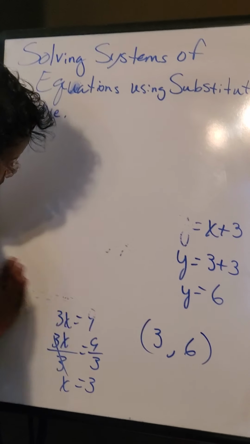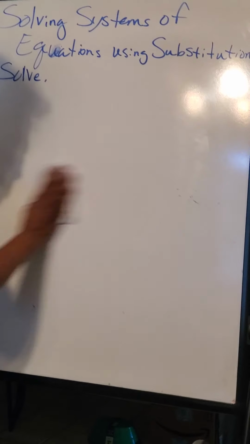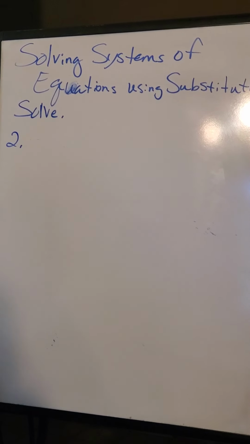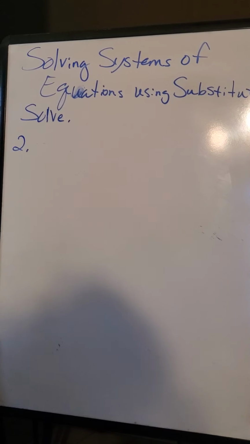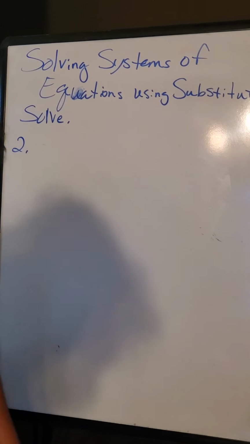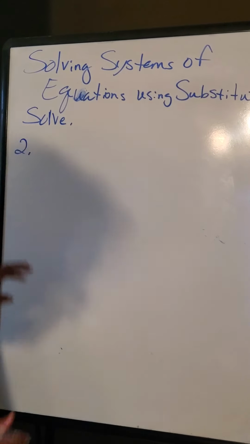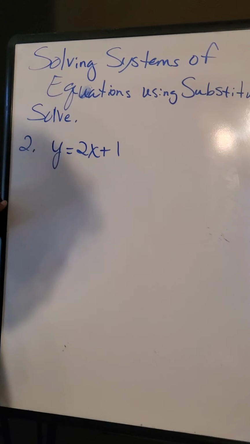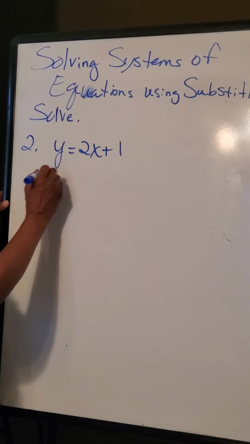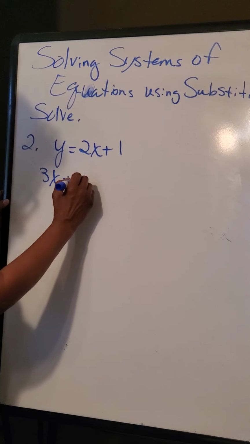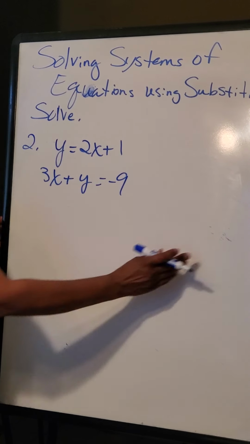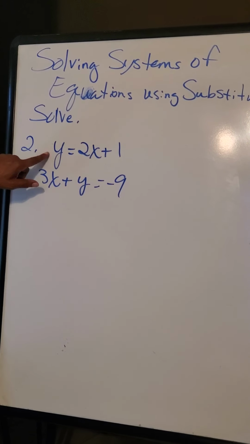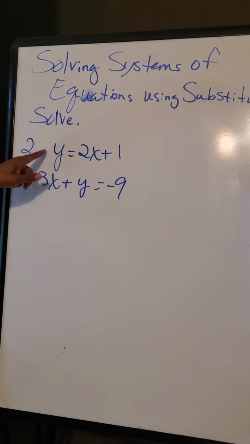Sometimes it will be written where a variable has already been isolated in one of the equations. So let's look at example number 2. If I had y is equal to 2x plus 1 and 3x plus y is equal to negative 9. Well, if you notice, in one of the equations, a variable has been isolated, y.